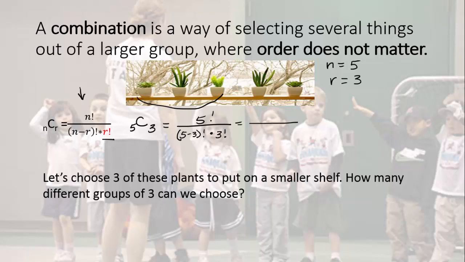If we simplify, that turns into 120 in the top, and this is 2 factorial, which is 2. 3 factorial is 6, so 2 times 6 is 12. And the total number of combinations turns out to be 10 combinations. According to the question, how many different groups? So the unit is groups. That's the word that was used, so I'm going to use that in my answer.